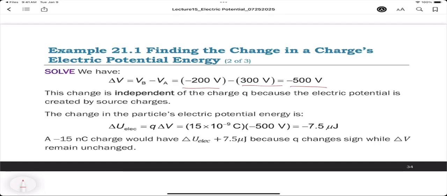This change is independent of the charge q because electric potential is created by source charges. We talked about that.